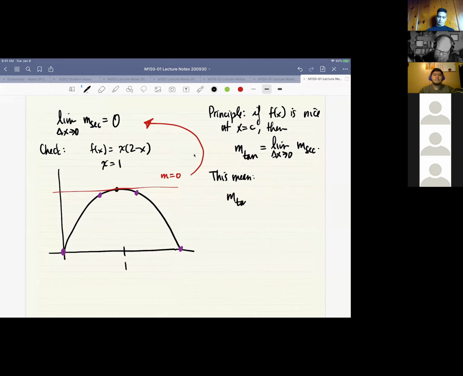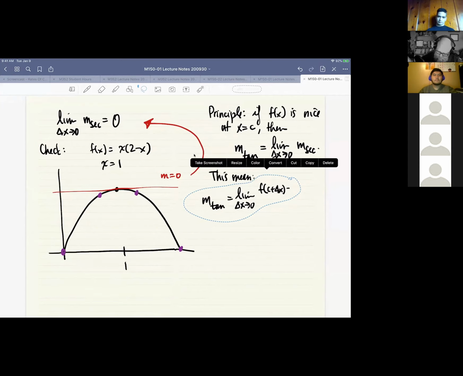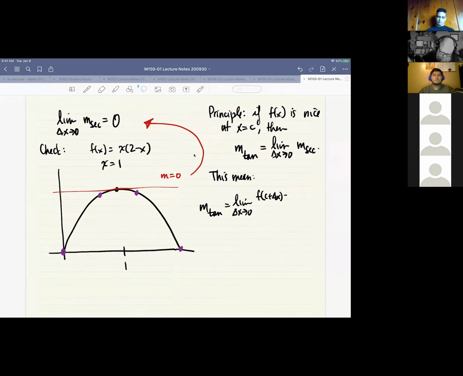Okay, and using the formula for the slope of the secant line, oh, I don't have room here. I need to move this over. Using the formula for the slope of the secant line, you get this.